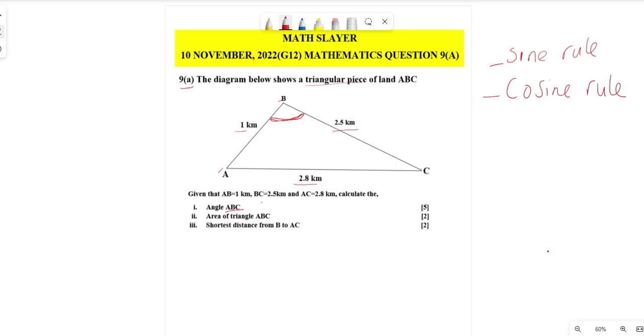Since you have been given all the sides of a triangle, this is a cosine rule. So I'm going to use the cosine rule to find the value of angle ABC.